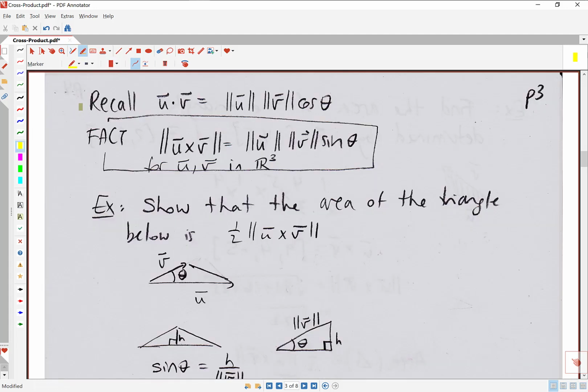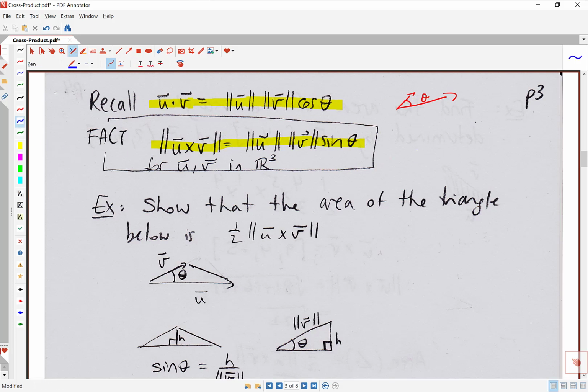So let's recall from earlier in chapter 1 that when you take the dot product of u and v, what you get is the length of u times the length of v times cos theta, where theta is the angle between your two vectors. So similarly, we can talk about how the cross product relates to the lengths and the angle between the two vectors. The fact is that if you take the length of the cross product, what you get is the product of the lengths of u and v times the sine of the angle between the two vectors.